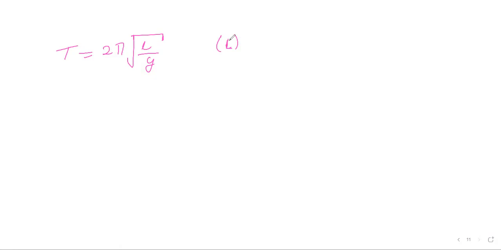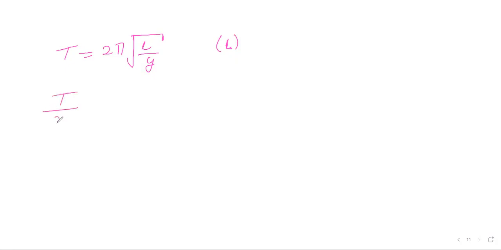I can't move the square root first, because you realize the 2 pi is multiplying. So I need to get rid of the 2 pi first, because it's outside the square root. The 2 pi is multiplying with the square root.